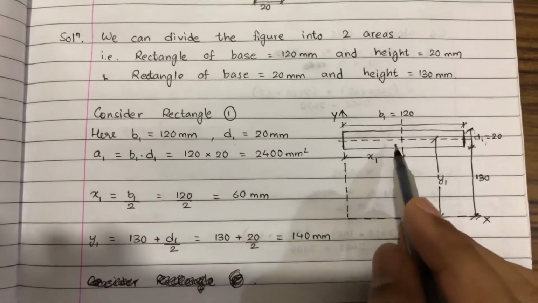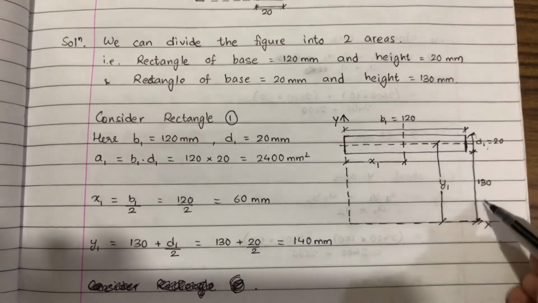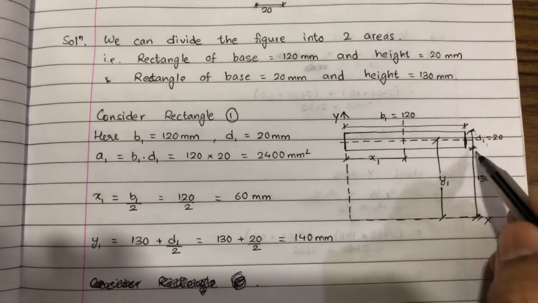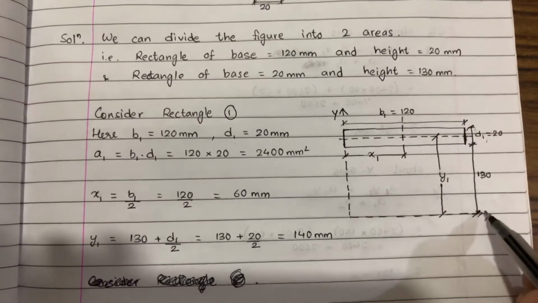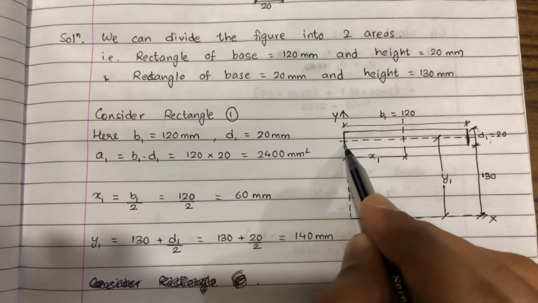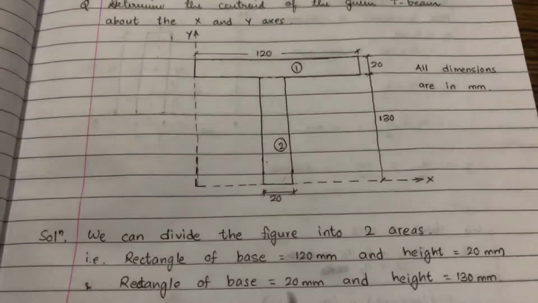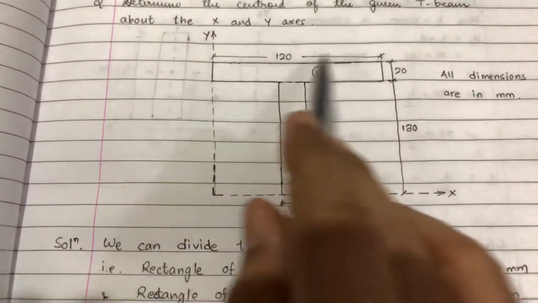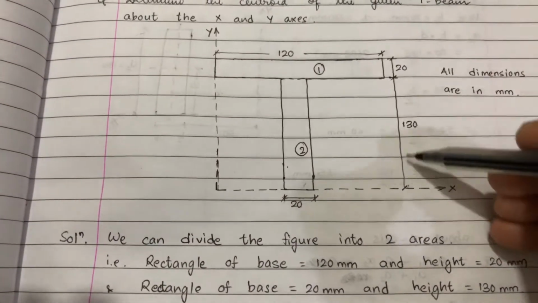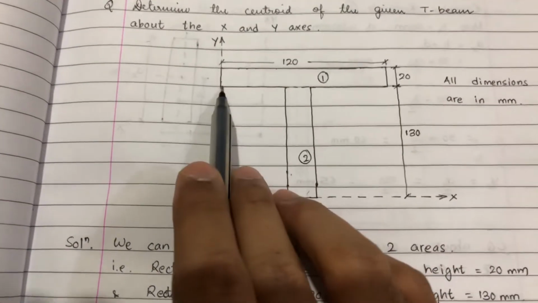This rectangle is at a distance of 130 mm from the x-axis, but it is on the y-axis itself.